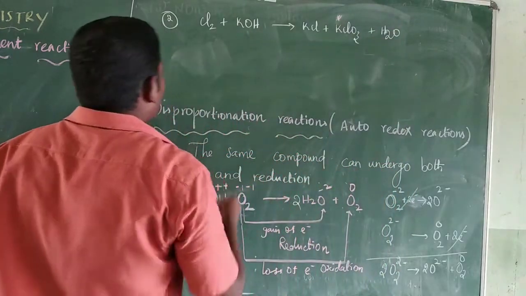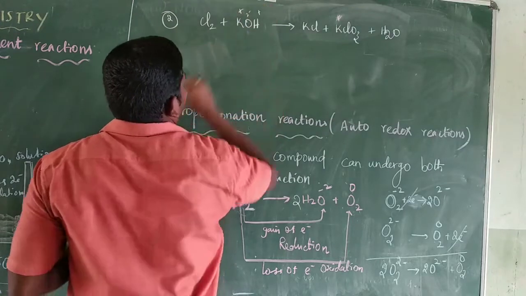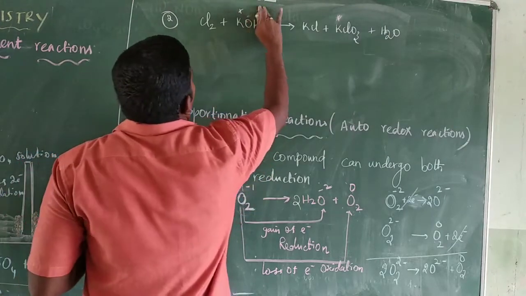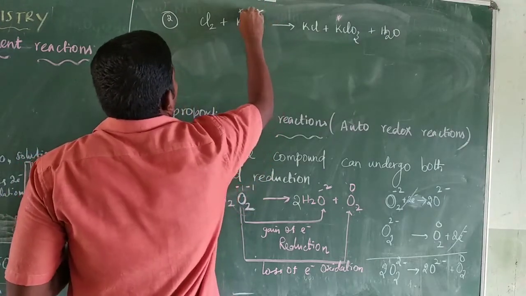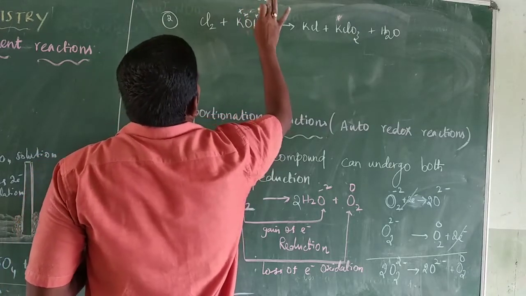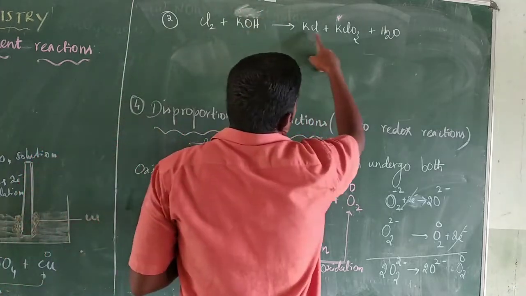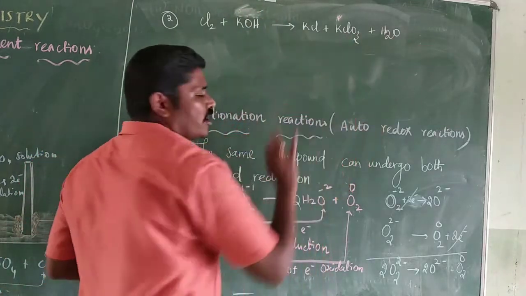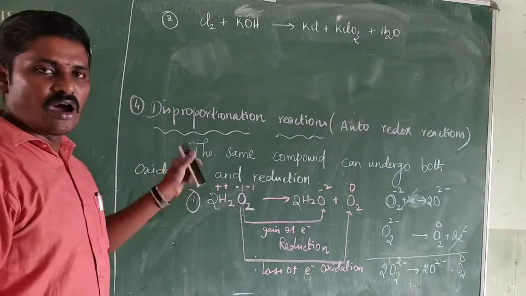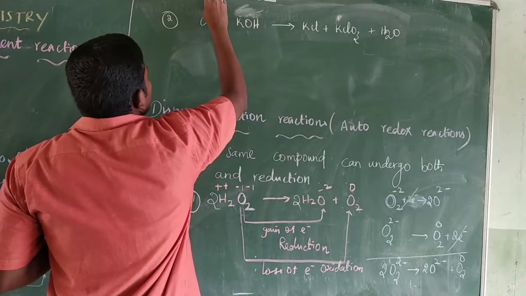Potassium is K plus, hydroxide is OH minus. Balance the H. No change in potassium or oxygen, so all have equal charge and oxidation number. But chlorine is 0.